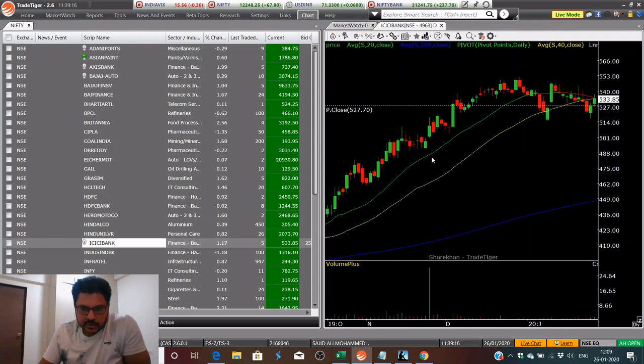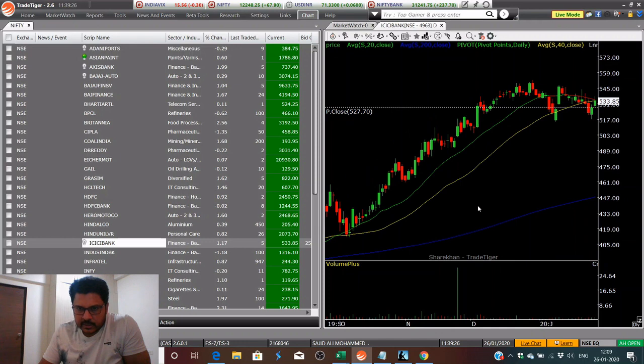Also, I want to explain to you the logic of the 20 and 200 period moving average. Price will always stay close to the 20 and 200 period moving average. It will never go too far from the 20 period moving average or 200 period moving average.